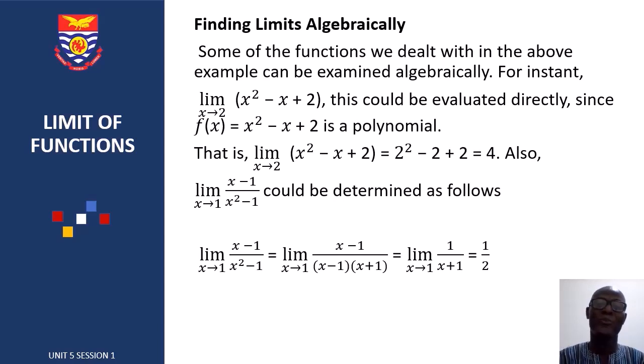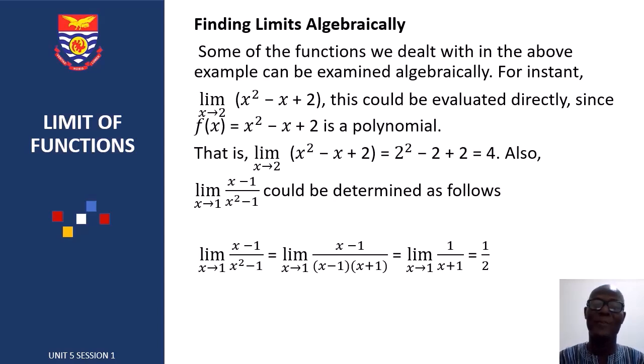Also, to find the limit of the function x minus 1 all over x squared minus 1 as x is approaching 1, we realize that when we substitute 1 into the function, the denominator gives 0. And since the denominator gives 0, it makes the function undefined, which means to find the limit, we need to simplify before the substitution.